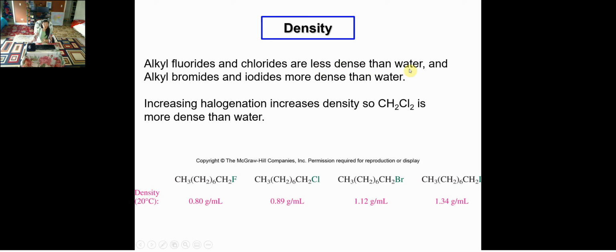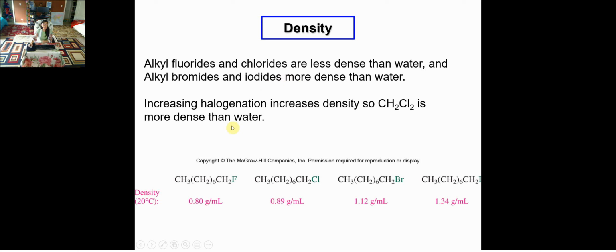If you mix fluorides and chlorides with water, you will see the organic compounds floating on the surface of water. The larger alkyl halides, bromides and iodides, are more dense compared with water.